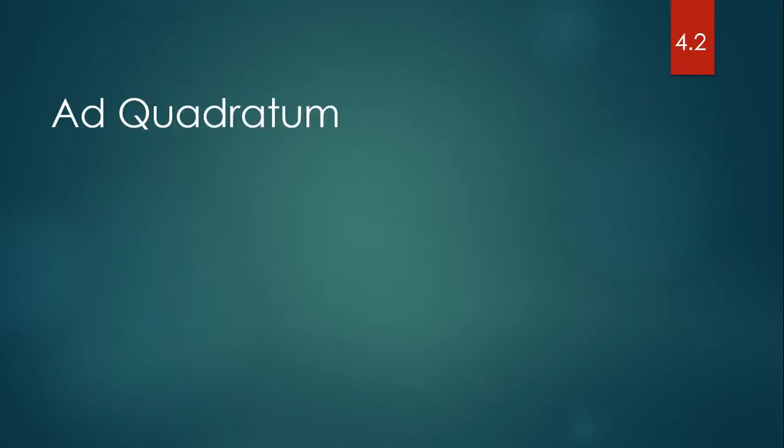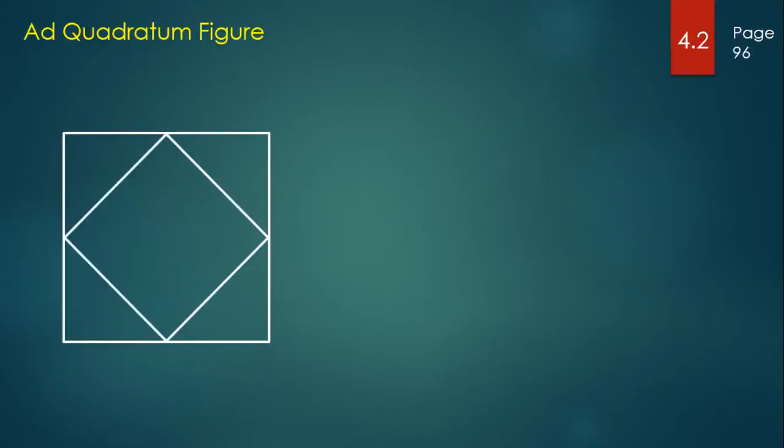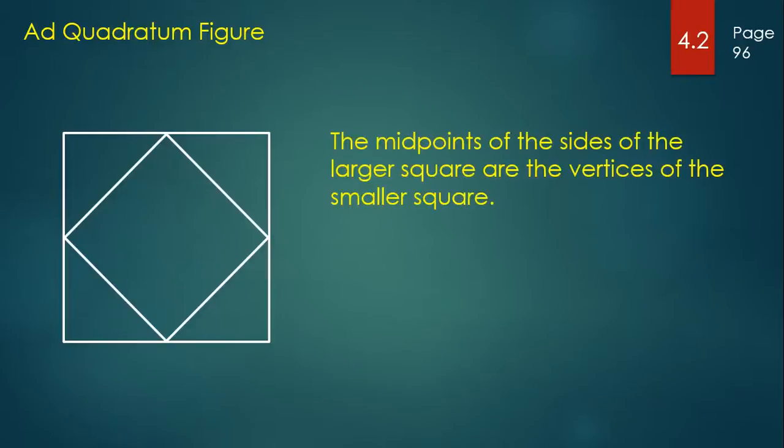So our last construction is of something that we've already talked about, the ad quadratum figure. Now, we've already talked about this figure. It consists of a square that is inside another square.